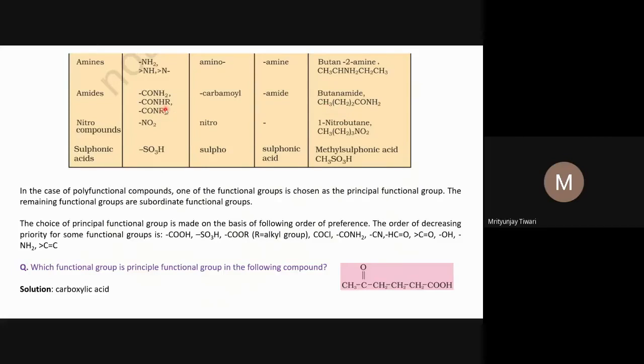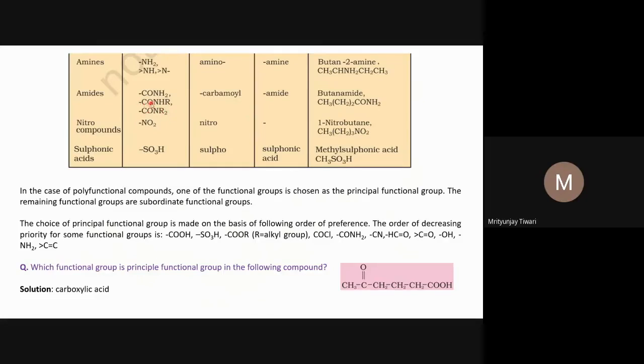One can see this R group here, and this R group, CH3CH2CH2. So CONHR is, again, if you remove one hydrogen from the primary amide and put one alkyl group, it is called a secondary amide. And if both hydrogens of the primary amide are replaced with two alkyl groups, then we call it a tertiary amide.